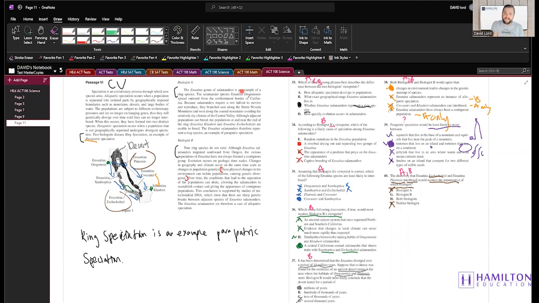But biologist A said that they are supposed to be parapatric, so they should be able to go towards the one next to each other. But this is all the way across the state. So I don't think biologist A would agree that these species would be able to interbreed if it's a ring species. So because of that, I think the best answer is going to be H, that both arguments would be weakened if this discovery was true.